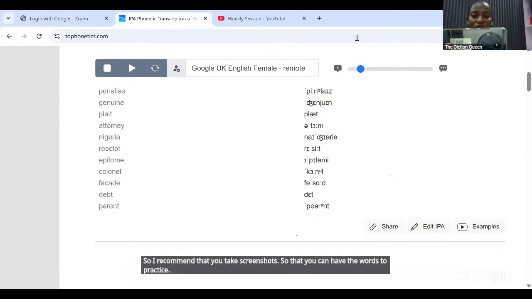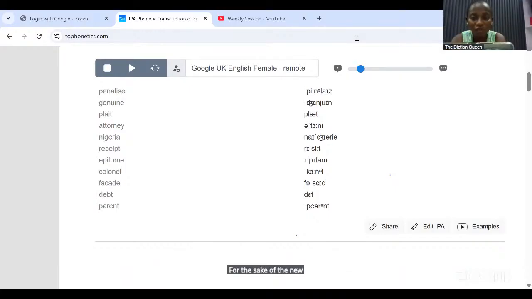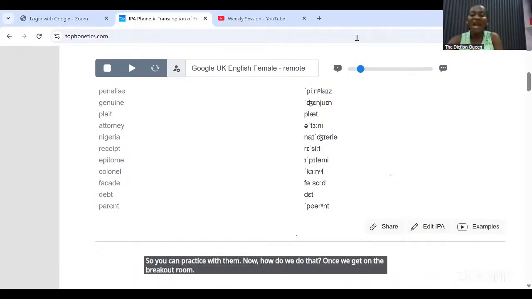For the sake of those that are just joining, the breakout room is a place where we practice with other participants. We group everyone into smaller groups. Once we get on the breakout room, I will not join.